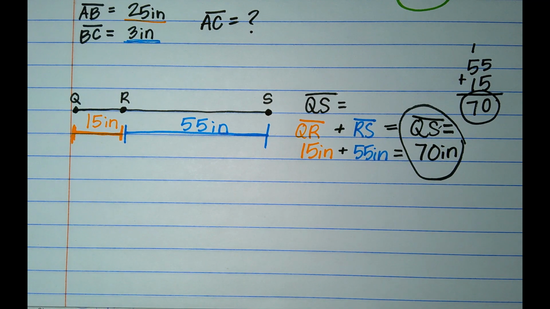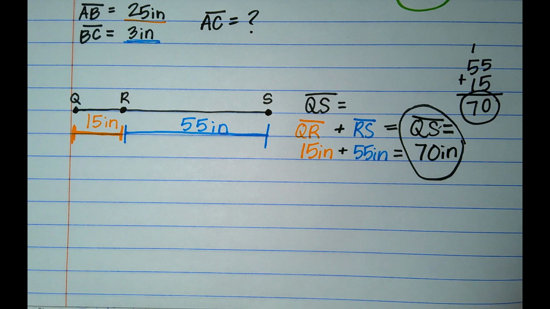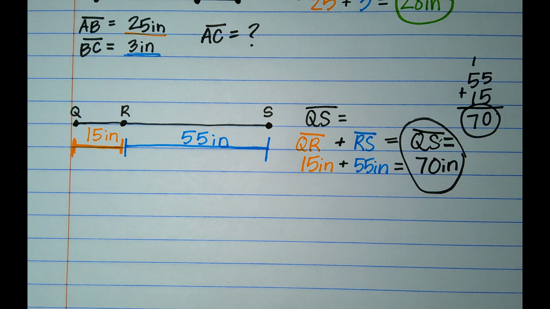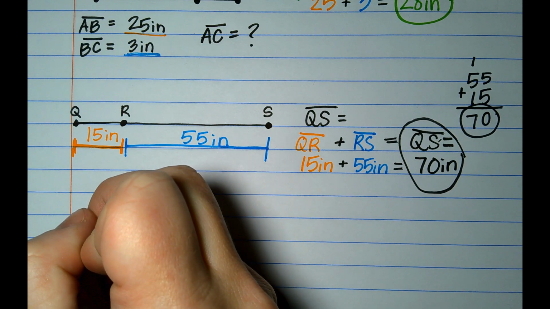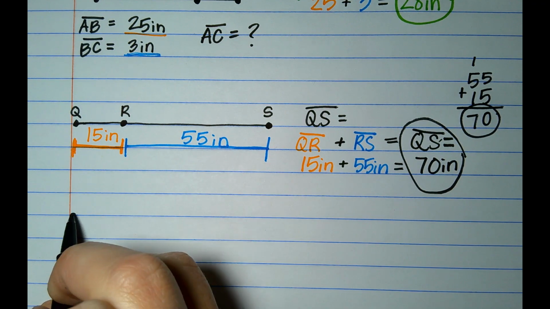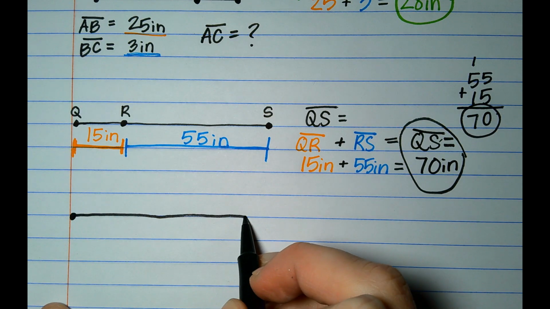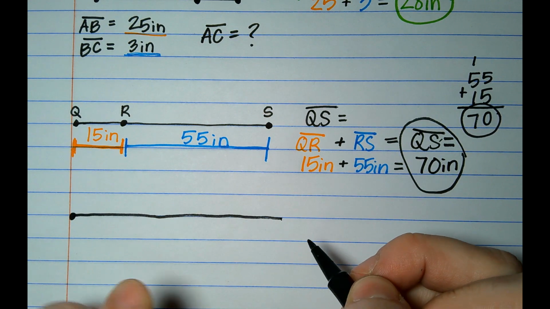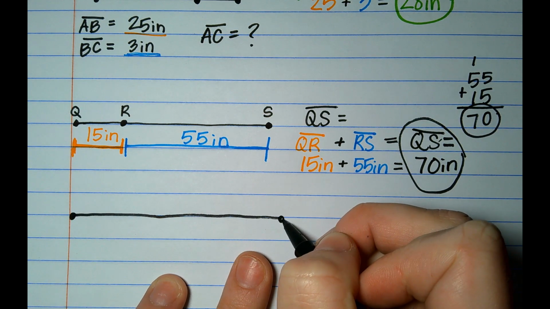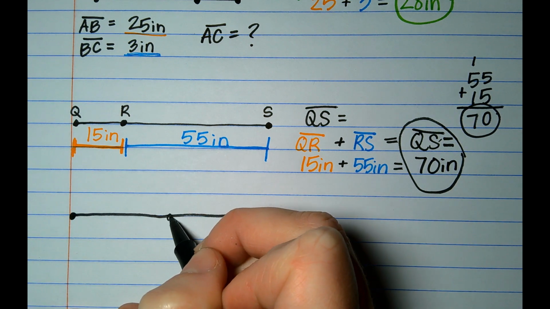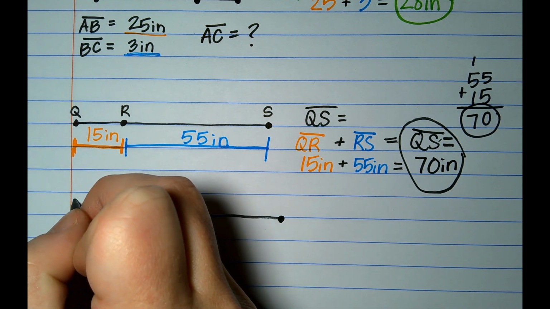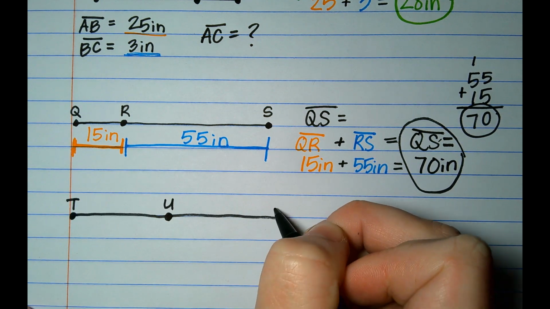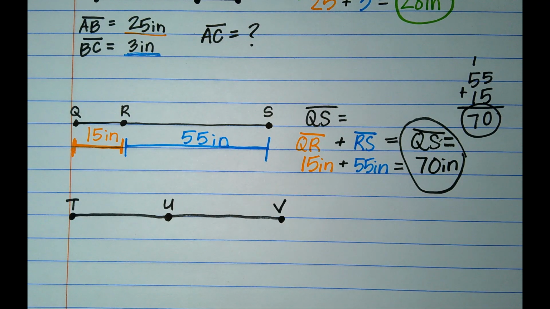What if I gave you this. Now, if you know how to do it, don't say anything yet. Give everybody a minute to look at it and write it down at least. Use TUV. Okay.